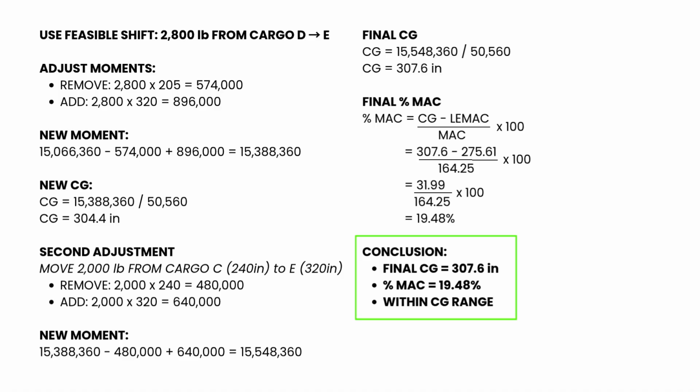Add 2,000 times 320 equals 640,000. New total moment is 15,388,360 minus 480,000 plus 640,000. The final moment is 15,548,360 lb-in.